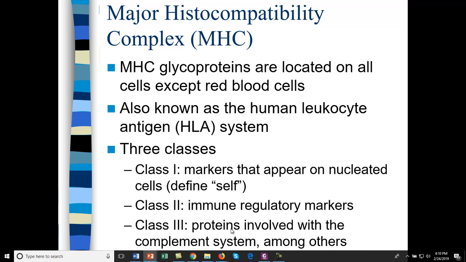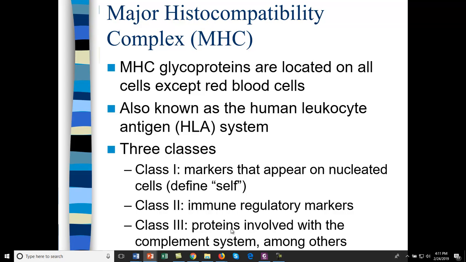And there are three classes. The first class is class 1 MHC, and that just defines self. Okay, all that does is that's just a marker on all nucleated cells except for red blood cells, and that defines self. So when you see class 1 MHC, then that just basically says I'm a human cell.